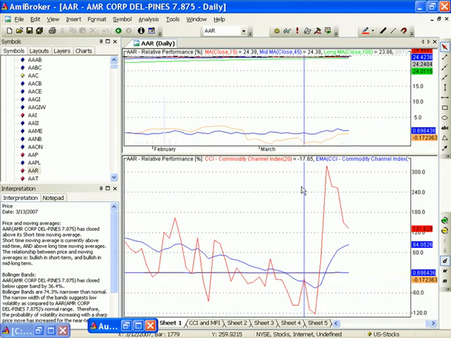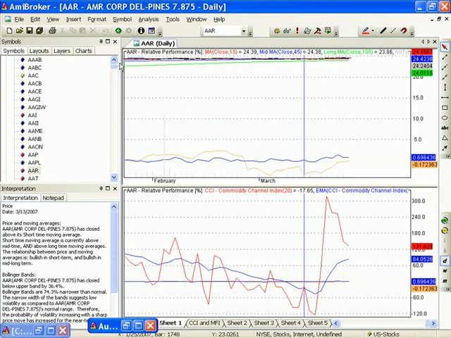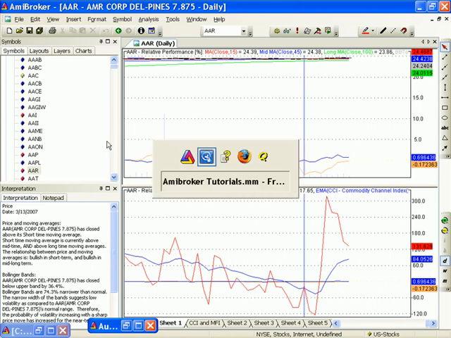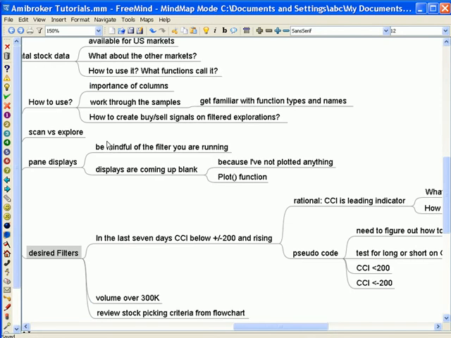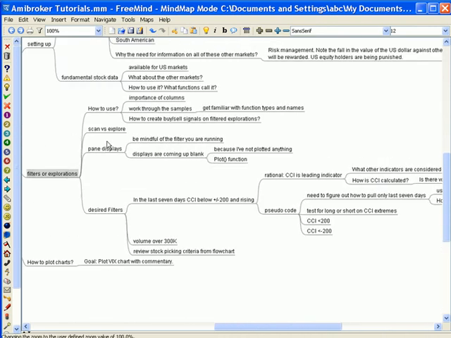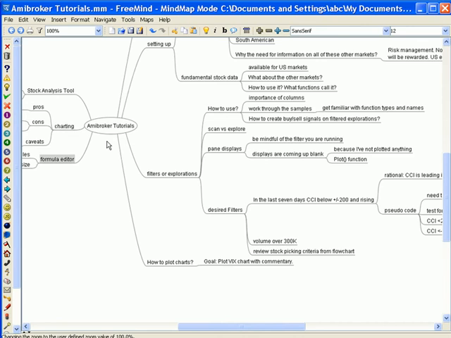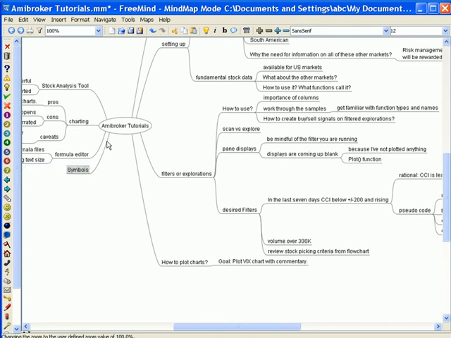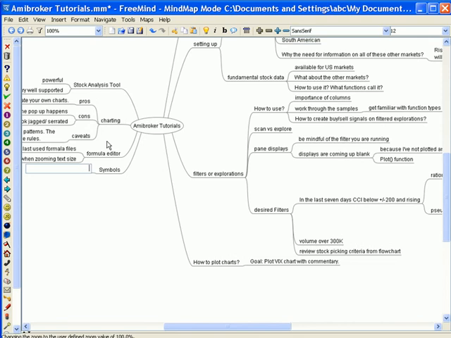Alright, so let's take a look at this. Incredible CCI on AAR. Don't know what they do. Let's see, and I don't know which industry they're a part of. That's another thing. Okay, so symbols. Alt. Okay, symbols. Insert pros.